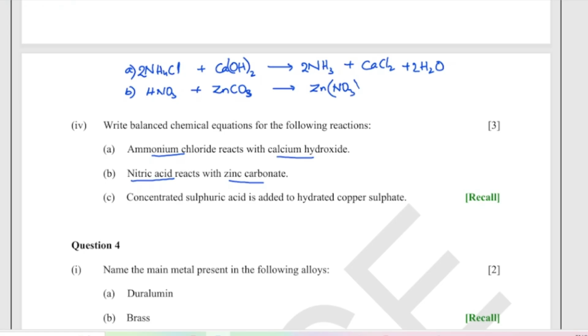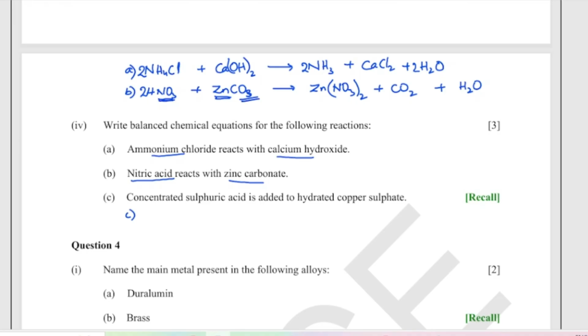Here the salt will be zinc nitrate, because the acid radical is nitrate and the metal is zinc. Since a carbonate is reacting with an acid, it forms carbon dioxide, and water is the other product. For balancing the equation you need to write 2 here.